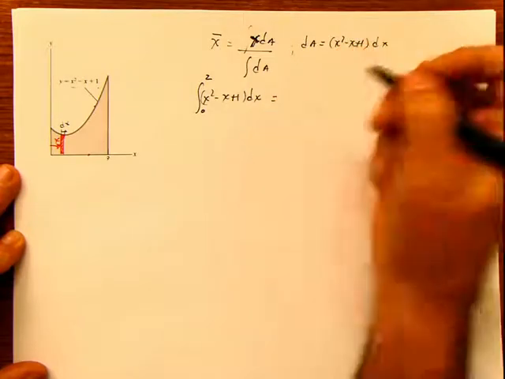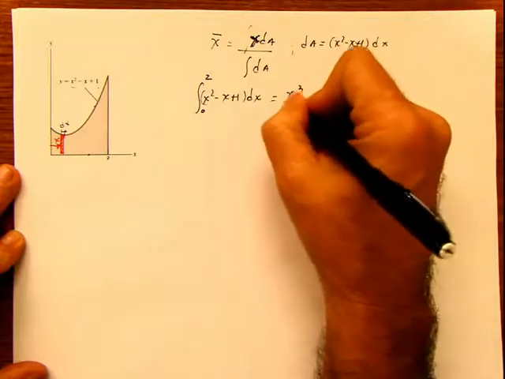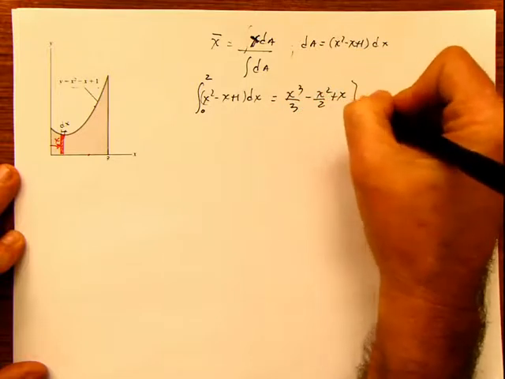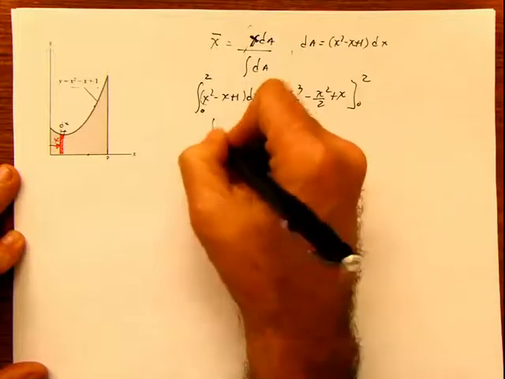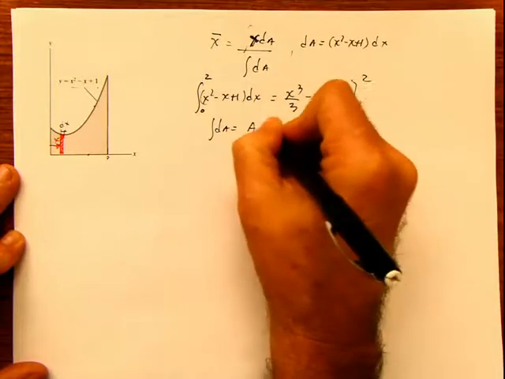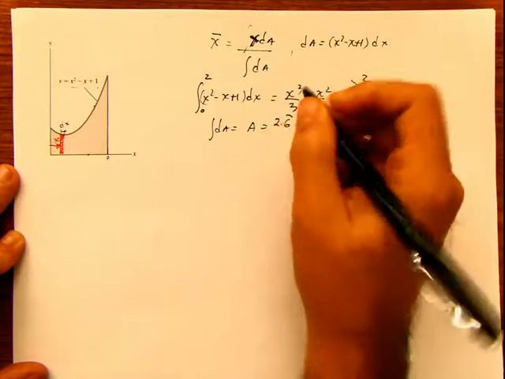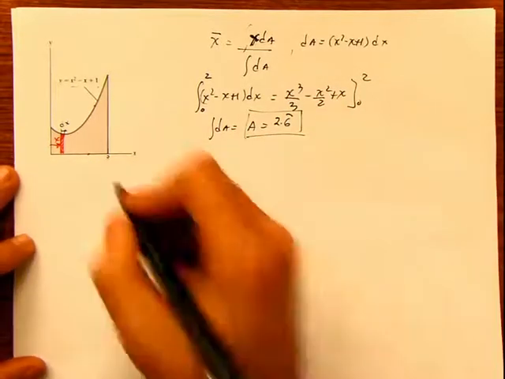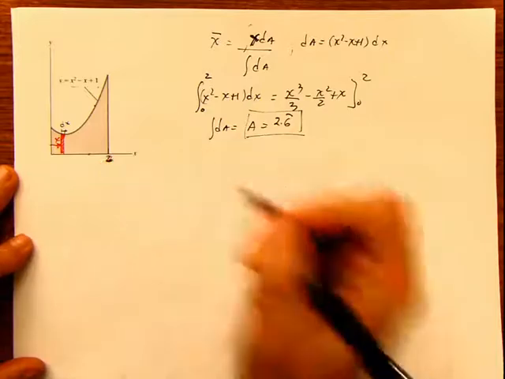Then we do this integral: x to the third divided by 3 minus x squared divided by 2 plus x, from 0 to 2. The integral of my differential of area, which is my area, is going to be 2.6 periodic, in units squared, whatever the units in this problem were. Remember, this point is 2 here.